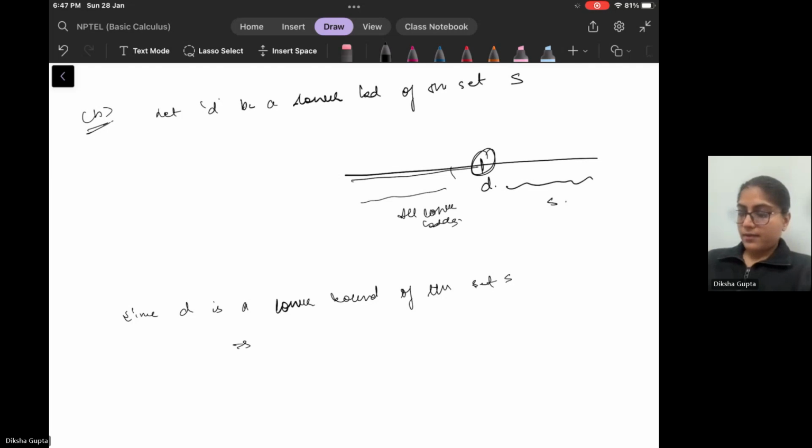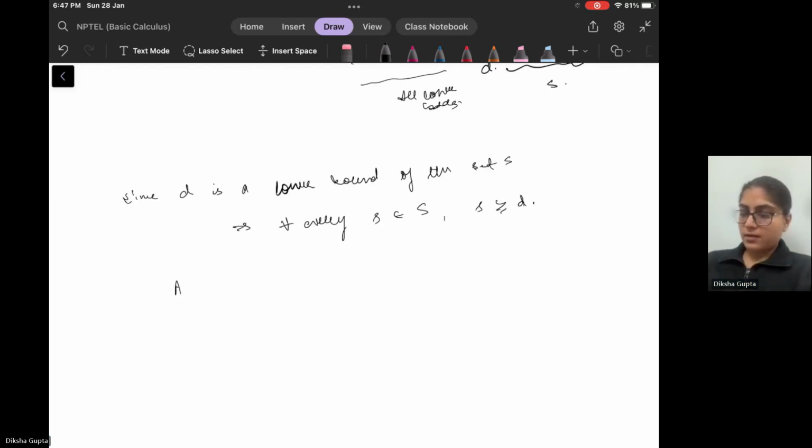implies for every s belonging to S, we have s is greater than or equal to D, right? Assume, on the contrary, that D is positive.